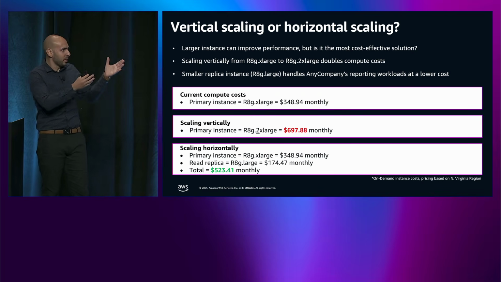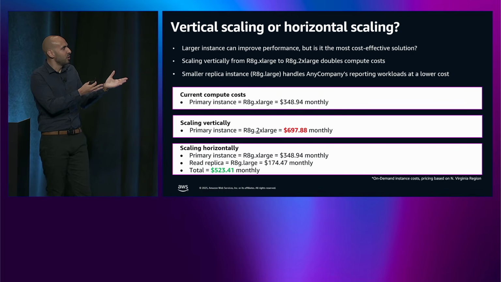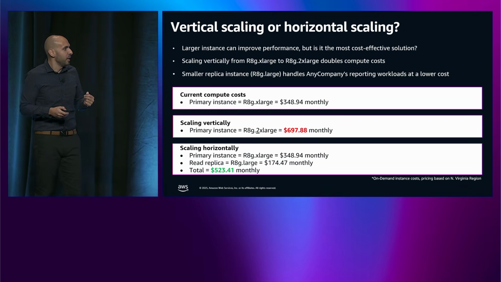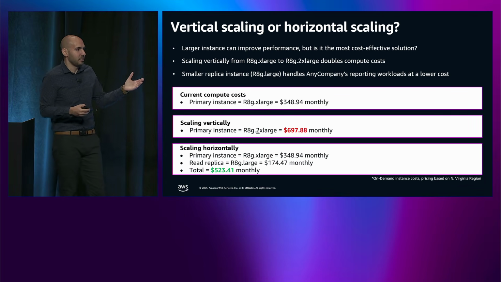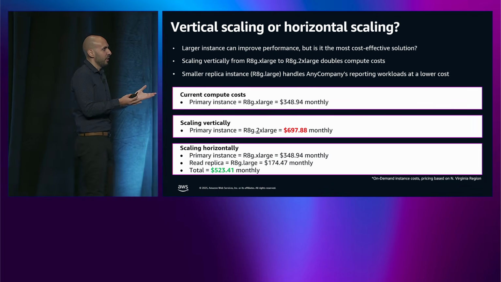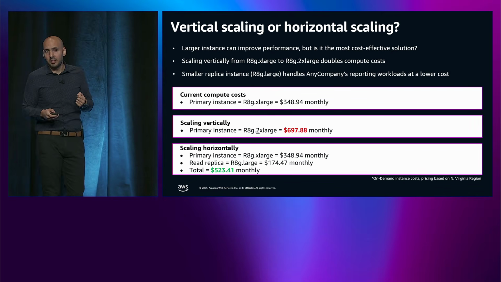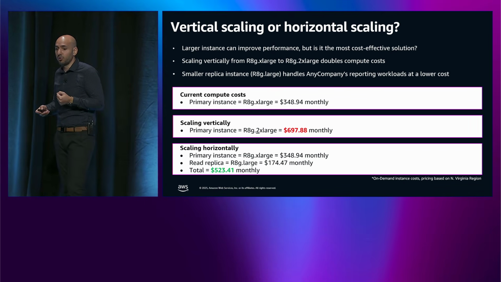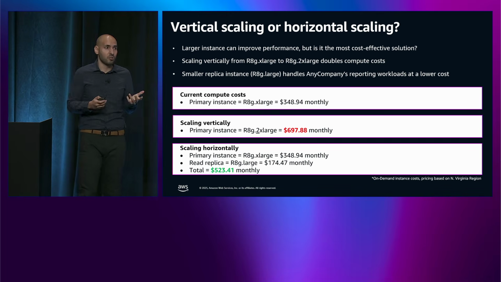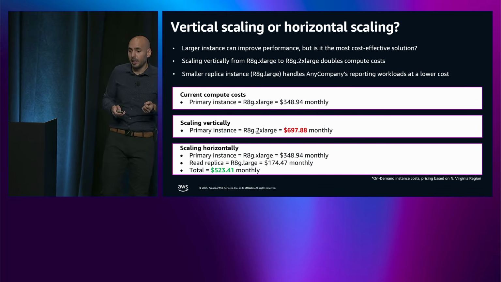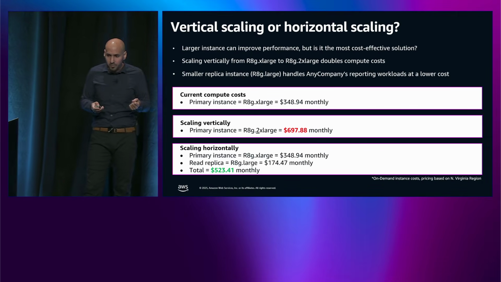So for the reporting queries, we realized we don't need such a large instance. We can use R8G large, which can meet the requirements for the reporting queries, and we managed to reduce the cost significantly. So that's another way for us to make cost-conscious decisions instead of just scaling vertically and spending money.